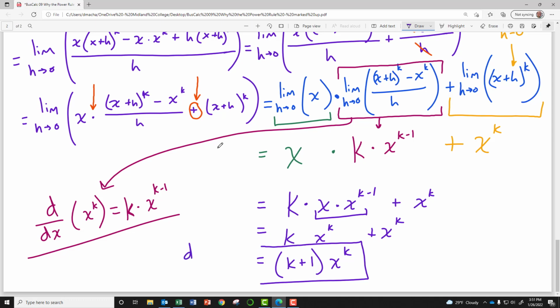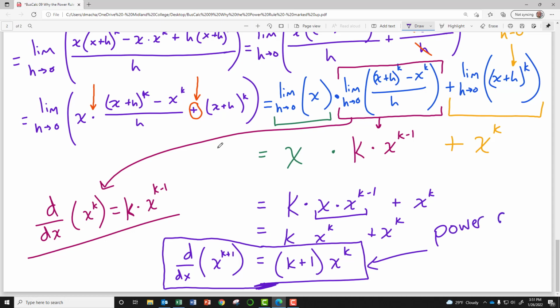So what we found here is the derivative of x to the power k plus 1 is equal to k plus 1 times x to the power k. And you'll notice that this is exactly what the power rule would say for the case when n is equal to k plus 1.